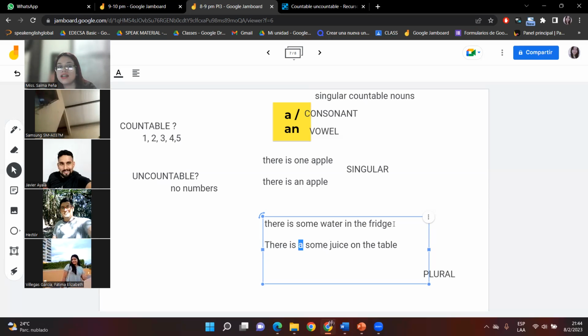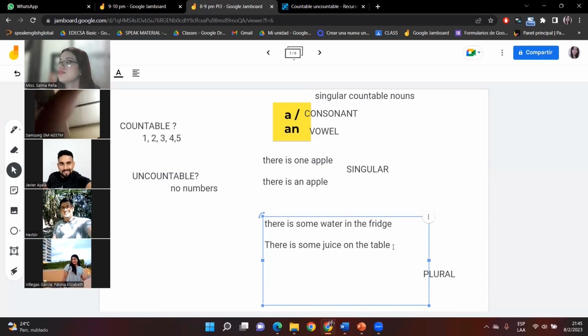Only some. Perfect. There is some juice on the table because juice is uncountable.